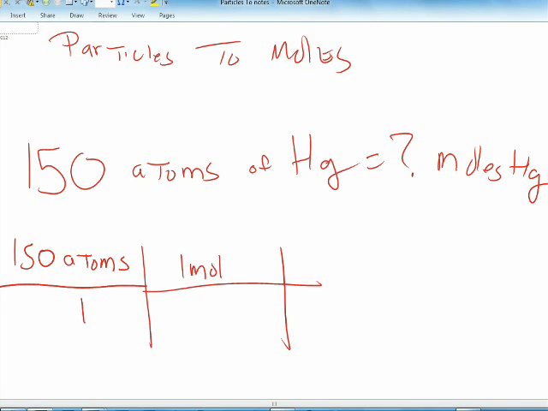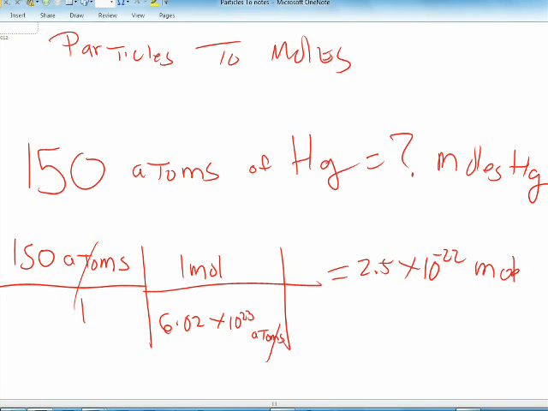So 1 mole is 6.02 times 10 to the 23rd atoms. We cross those out. We're left with moles. So we just have 150 divided by 6.02 times 10 to the 23rd. So that equals 2.5 times 10 to the minus 22 moles. So a very small amount of mercury, just 150 little atoms.